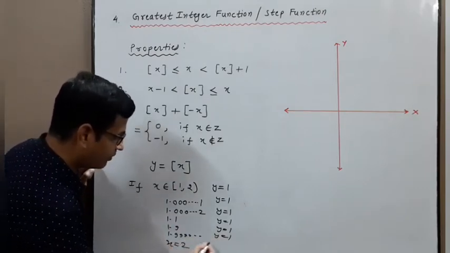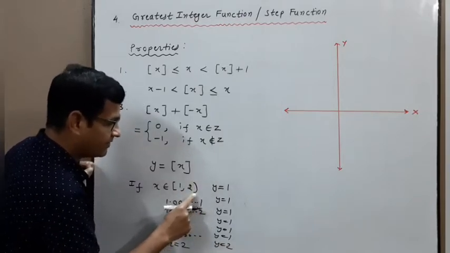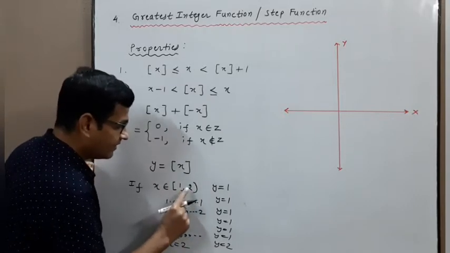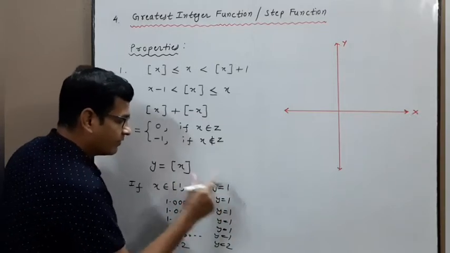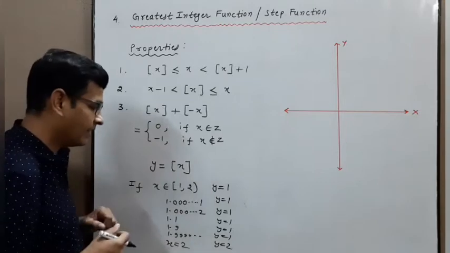At x equal to 2, the corresponding value of y is 2. But x does not belong to 2; the small bracket means excluding 2. So when we take any real number between 1 and 2, including 1 and excluding 2, the corresponding value of y is 1. So first locate all the points on the number line.